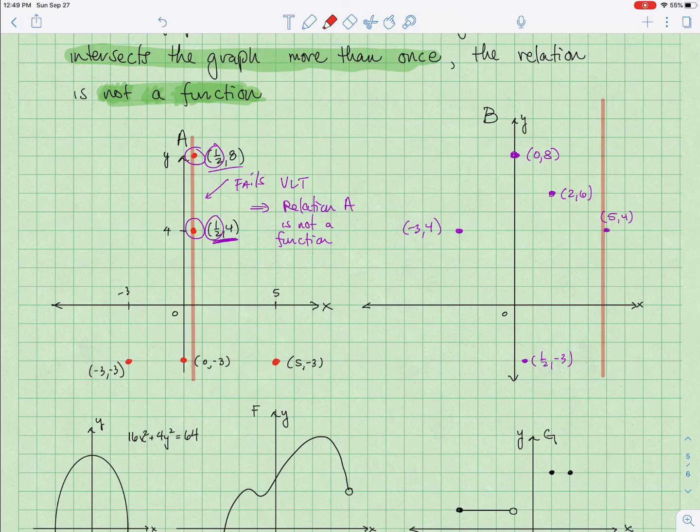And so this passes the vertical line test at all possible points. So, as we saw before, relation B is a function because it passes the vertical line test.